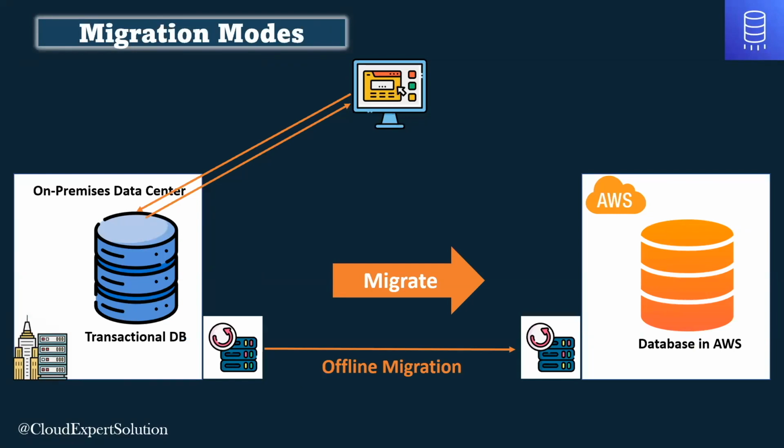To do this kind of migration, you need to shut down your application, and in most cases that is not possible. To support those use cases, we can use online migration. That means while the application is accessing your transactional data and writing data, DMS will be able to replicate all the data and perform the database migration without impacting your application performance. This type of migration we call online migration, and DMS supports both types of migration.